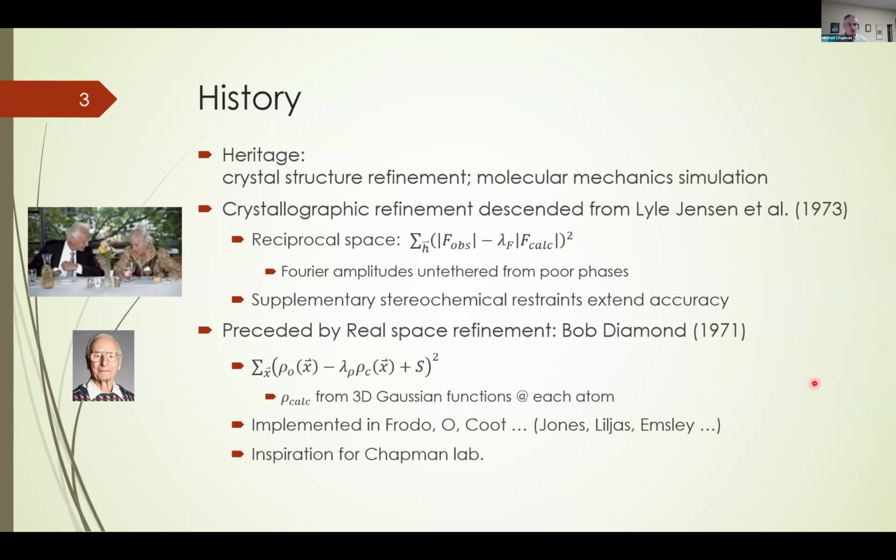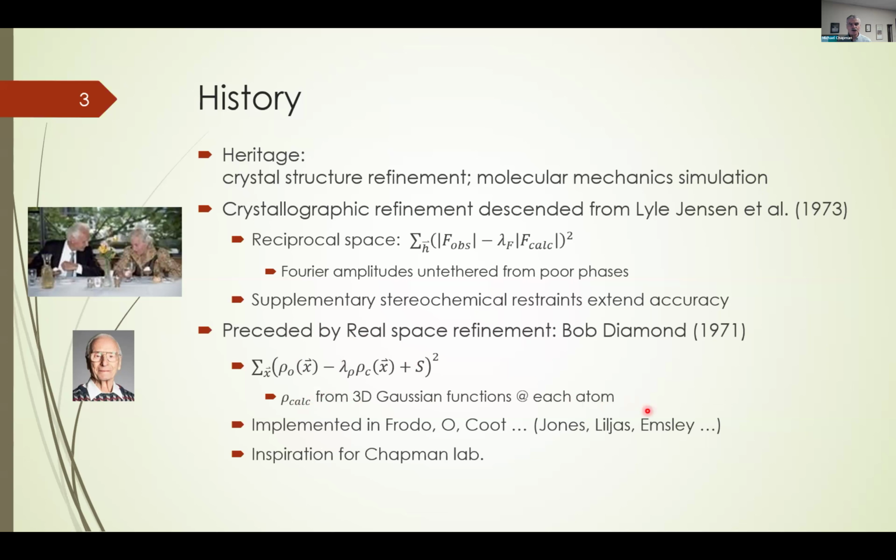Now, what is now mostly forgotten in our community is that this work was preceded by real space refinement that had been encoded by Bob Diamond. In this type of refinement, you're minimizing the difference between calculated electron density and that of an observed map.